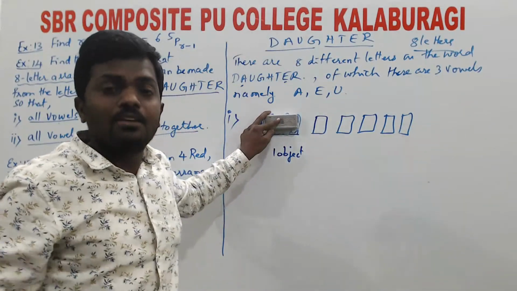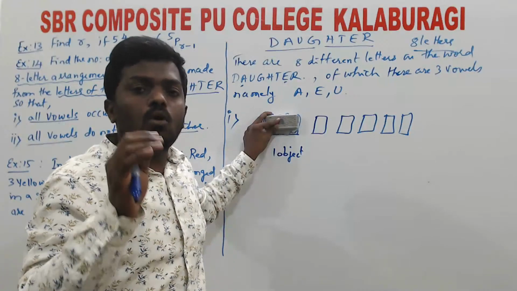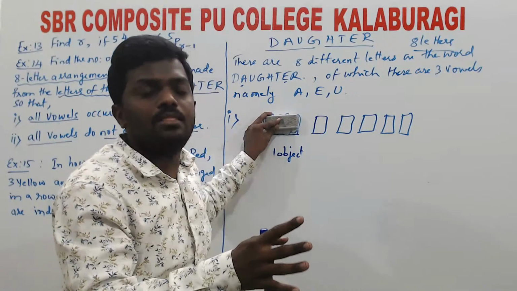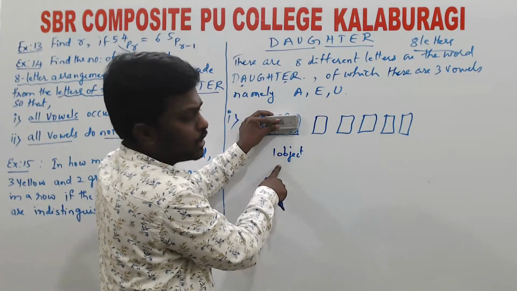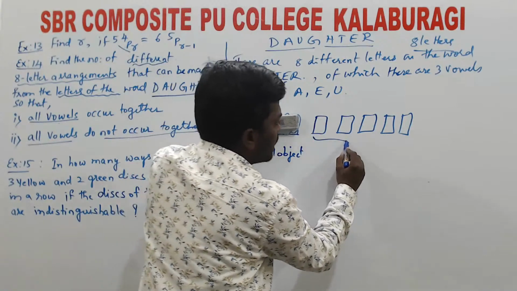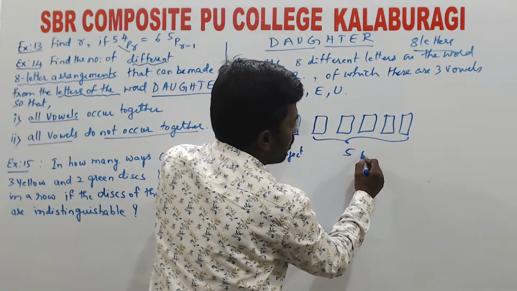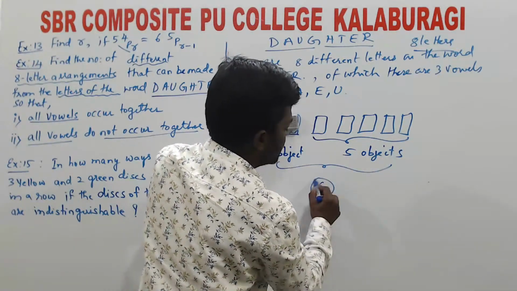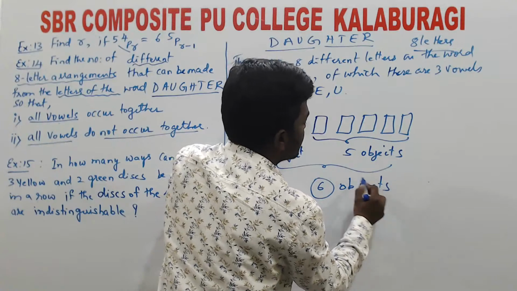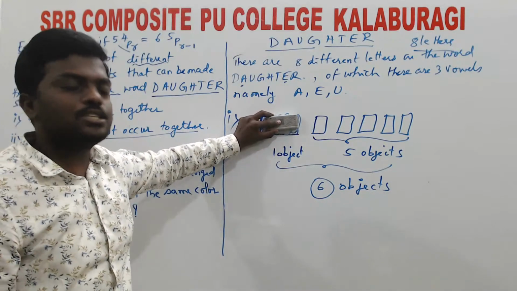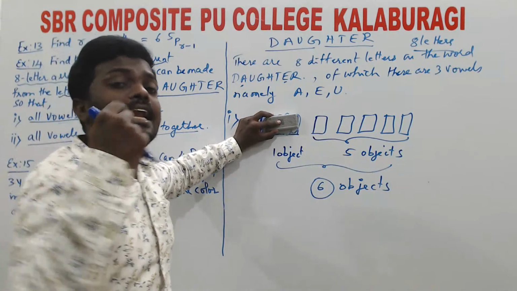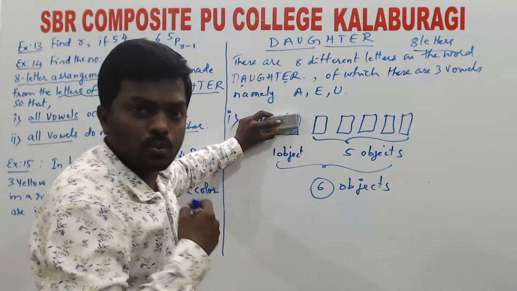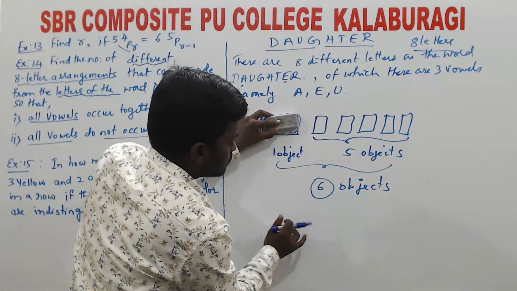So what we have done is take the vowels A, U, E together and put them in a single box because they have to occur together. That single box with the remaining five objects: how many objects do we have now? Six objects. So how do we arrange six objects among themselves?